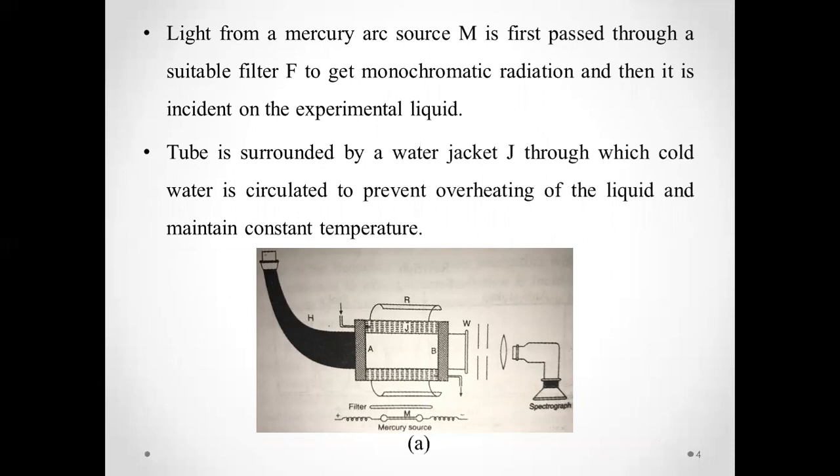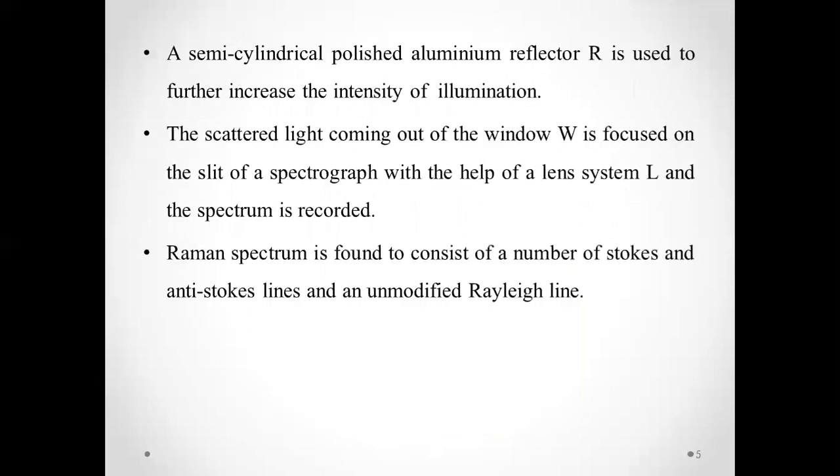The glass tube is surrounded by a water jacket, J, through which cold water is circulated to prevent overheating of the liquid and maintain a constant temperature. A semi-cylindrical polished aluminum reflector, R, is used to further increase the intensity of illumination.